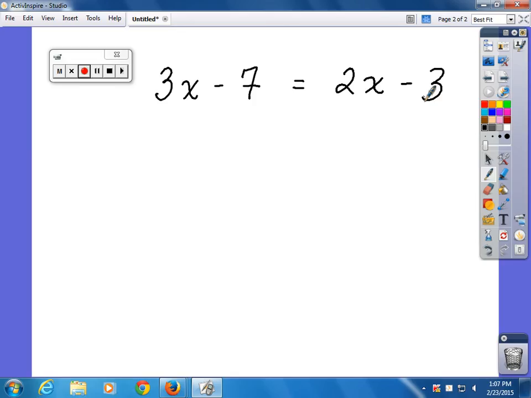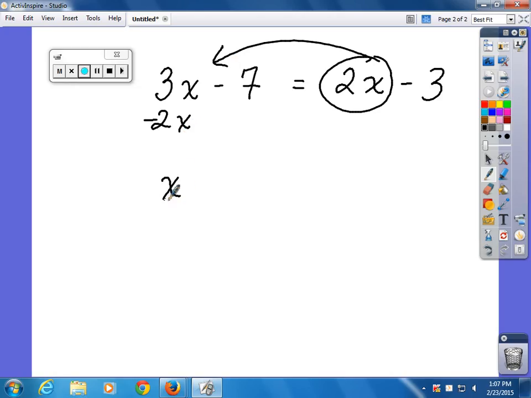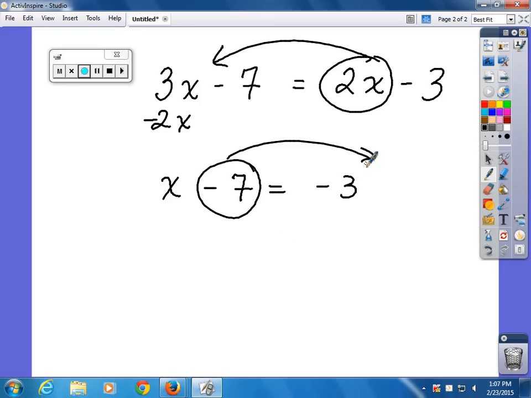We're just doing 2 or 3 steps. Nothing fancy. Now, which one's the smallest bucket? The 2x. So you're going to move it over. And that becomes an x. The 7 comes over, it becomes a positive 7. So x is equal to what?